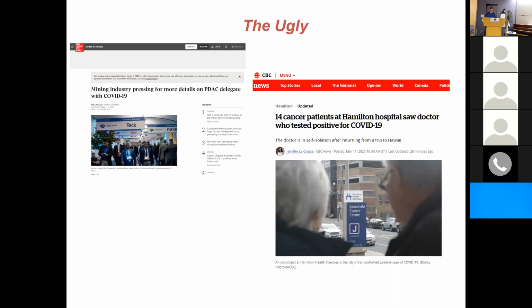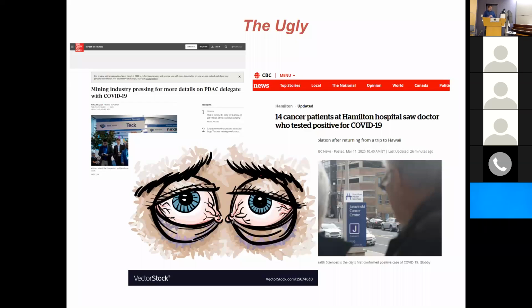And then, of course, our own case a couple of days ago, the physician, you probably all read about it, who worked on Monday afternoon, developed the symptoms, got tested very quickly, and then was identified positive after that. So here, we still have the chain of transmission under control, but locally, of course, it's on the ugly and not on the bad. And that's why we all look like this.